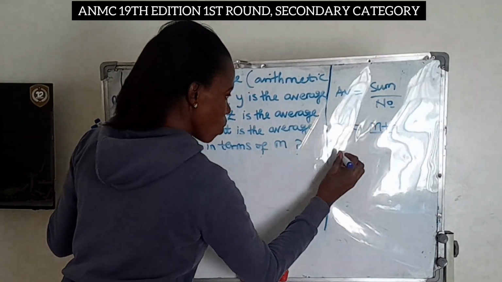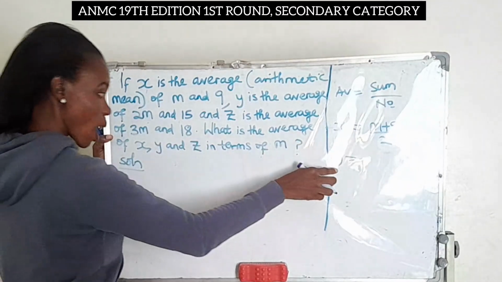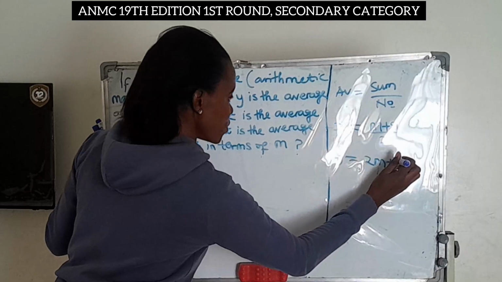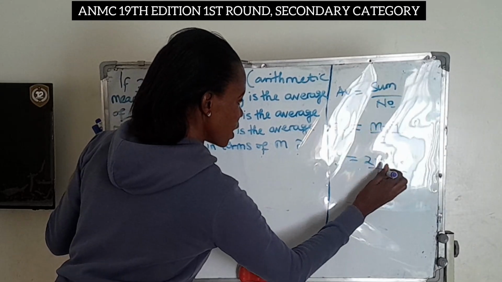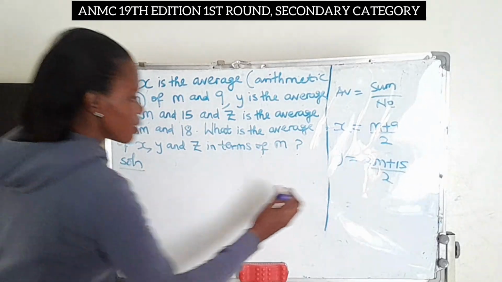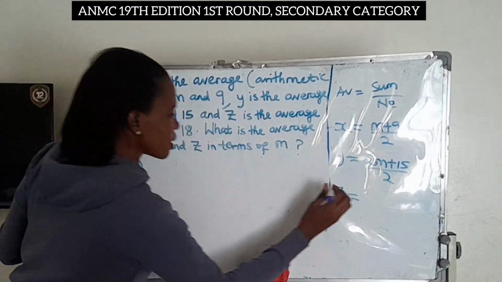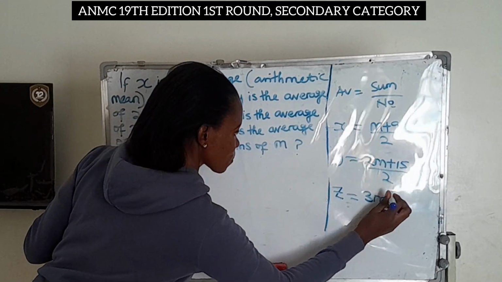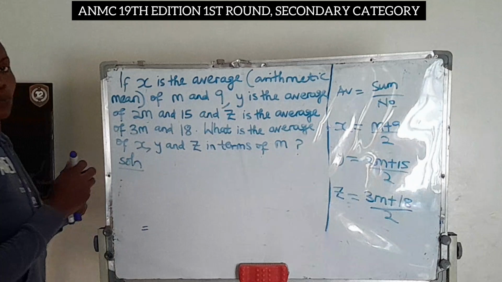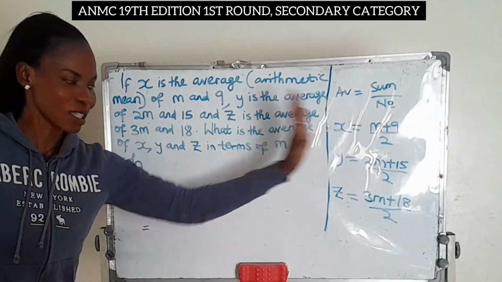Is that clear? y is equal to the average of this and this, so meaning that y is 2m plus 15 divided by 2. Then z is the average of this, meaning that z is written as 3m plus 18 divided by 2. Okay, so we have gotten how x, y, and z are written in terms of m.